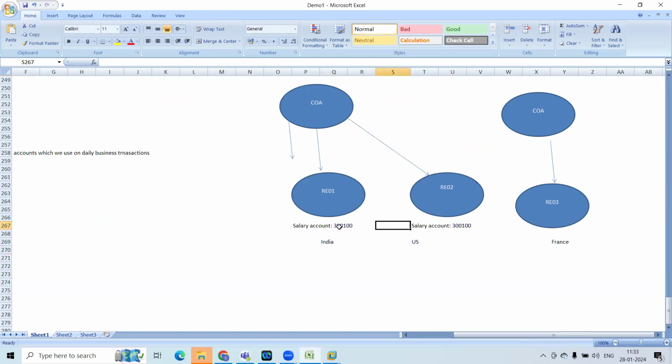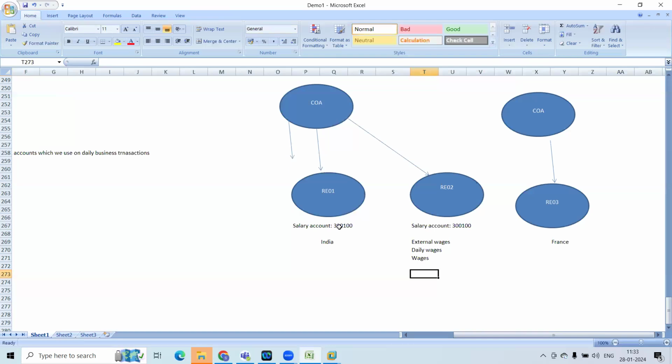Here also a salary account is there, and here also a salary account is there. But in payroll, they divided the salary account into multiple ways, like external wages, daily wages. The purpose is the same, the salary account, but they created external wages, daily wages, wages.